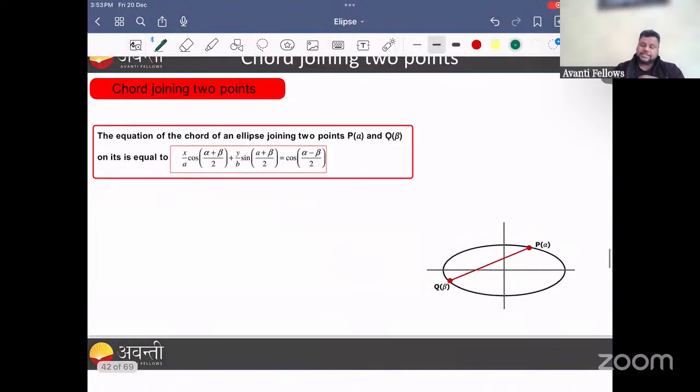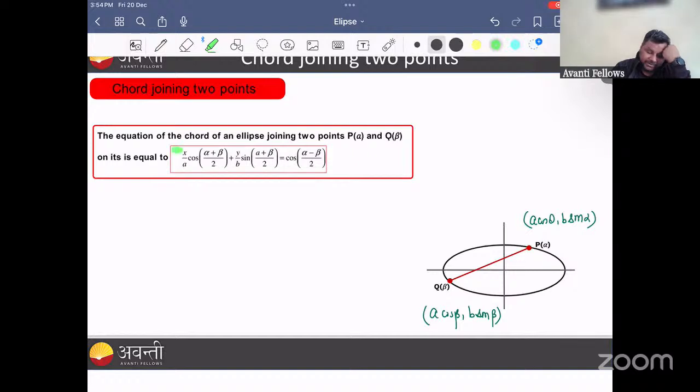Now, this is a very important equation of chord. This point P alpha, that means it is a cos alpha comma b sin alpha. This is a cos beta comma b sin beta. Now, equation of chord of the ellipse joining point P alpha and Q beta is x upon a cos of alpha plus beta by 2 plus y upon b sin of alpha plus beta by 2 is equals to cos of alpha minus beta upon 2.